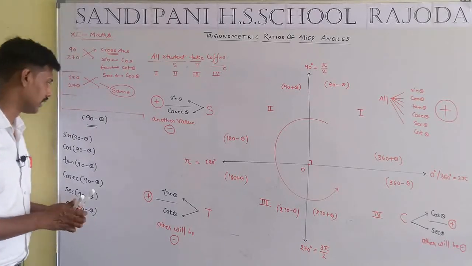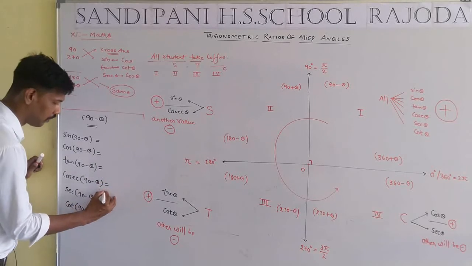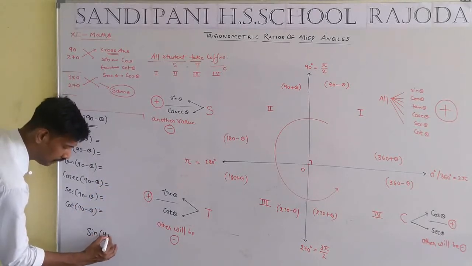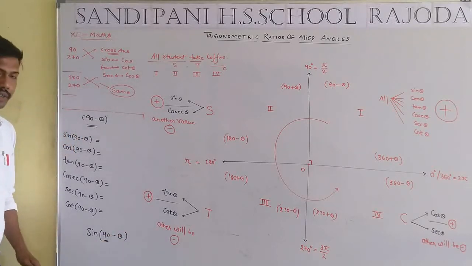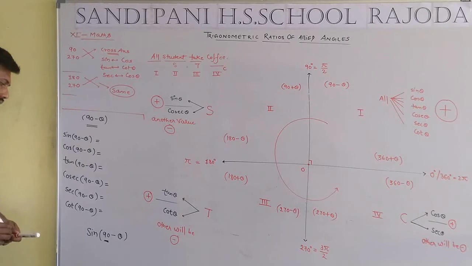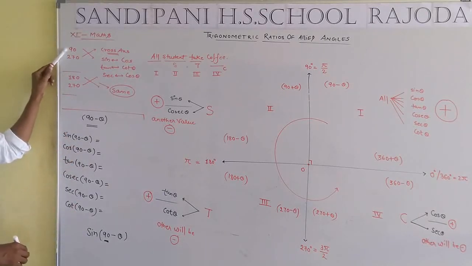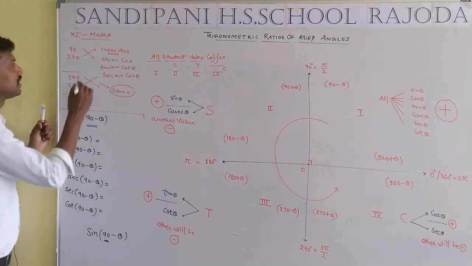90 minus theta. Students, focus on sin 90 minus theta. Firstly check whether it is 90, 180, 270 or 360. In the case of 90, what is the proper message? In the case of 90 or 270, we get the cross answers. What is the meaning of the cross answer?